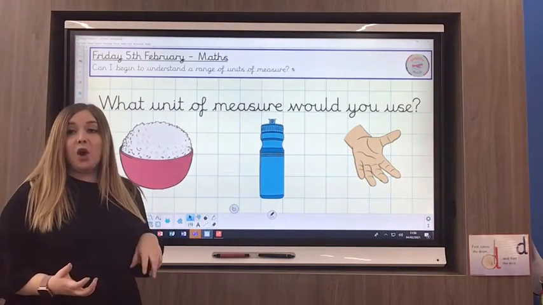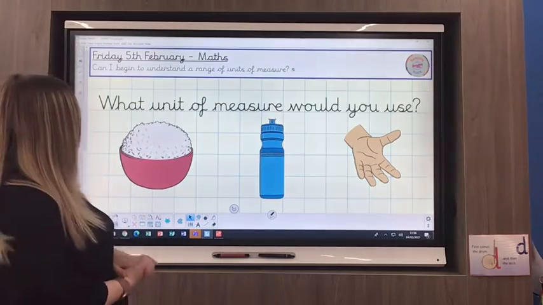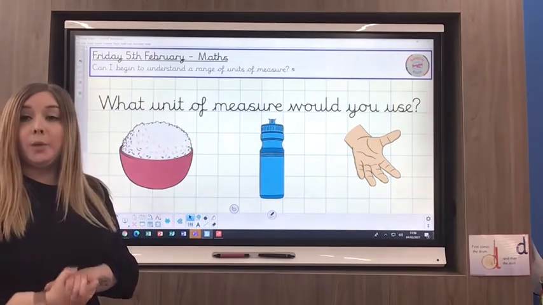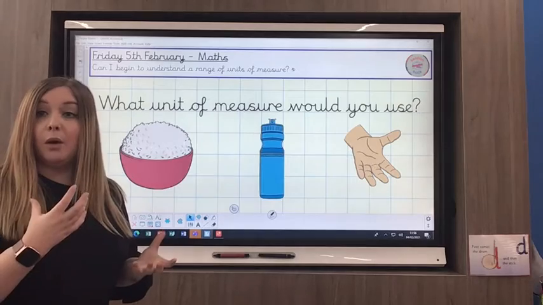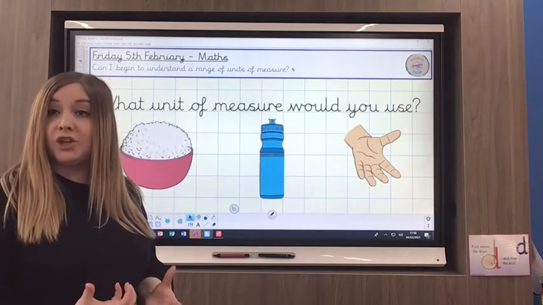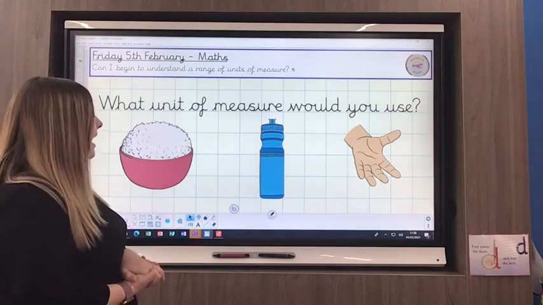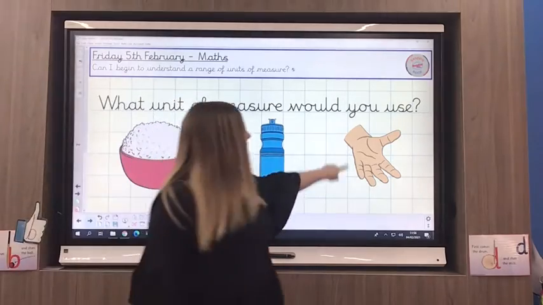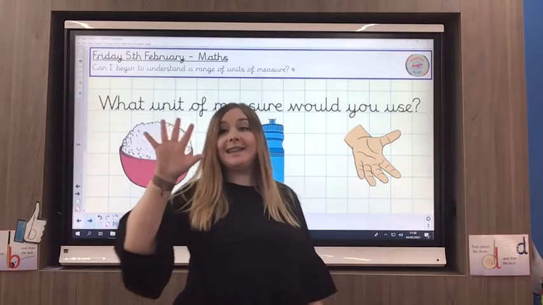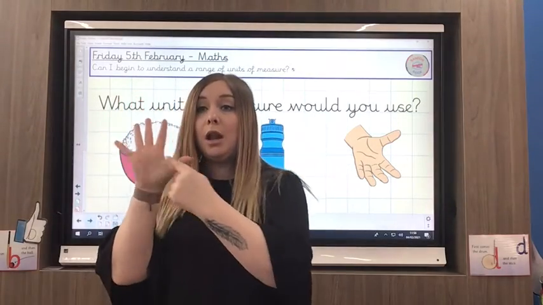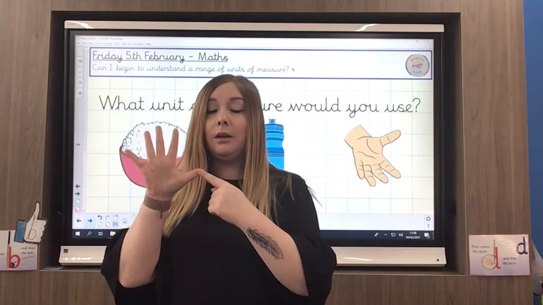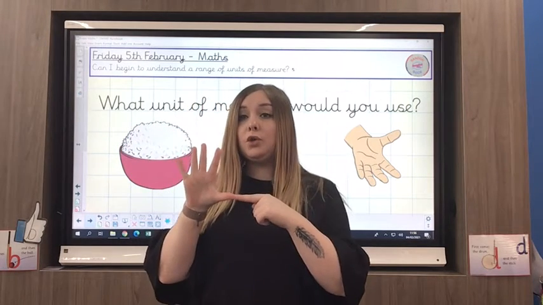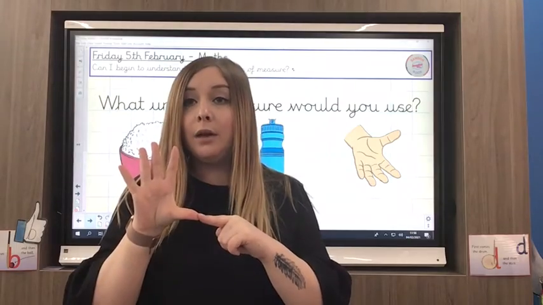So, this time we've got to think about what unit of measure we would use, and also what we will use to measure these things. So if I wanted to find out how big my hand is, so how long it is, what could I use to measure that?